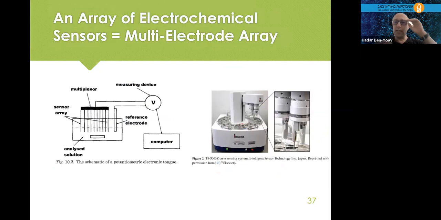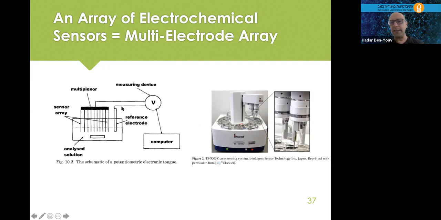So how is it being used, and how does it look? Electrochemical electronic tongue is based on an array of electrodes, which gives us the array of sensors. Here is an example, where we have a multiplexer of different working electrodes and a reference electrode.